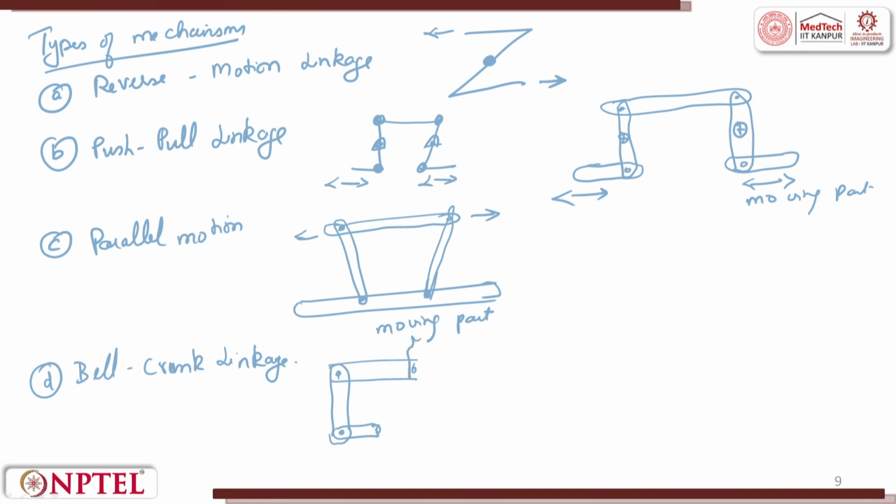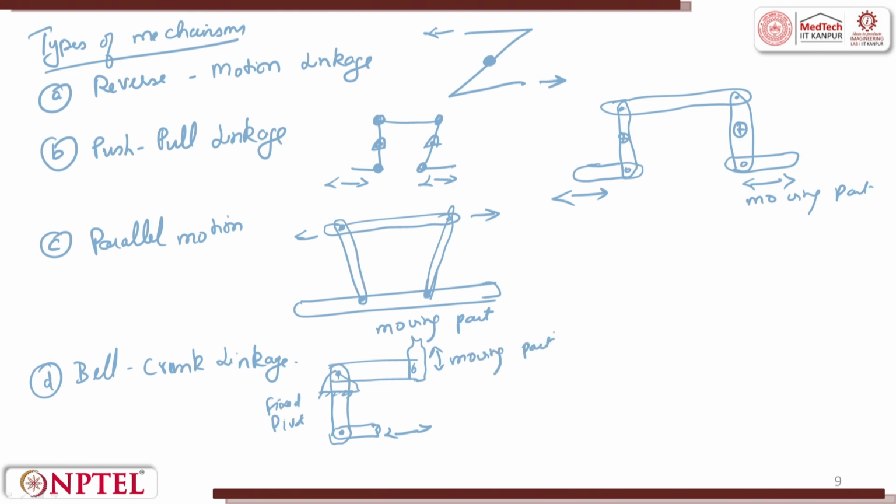And then you can have a mechanism which goes like this. So, here if we try to move this, this is a fixed joint. So, here it is a fixed pivot and here it is moving. This is moving.